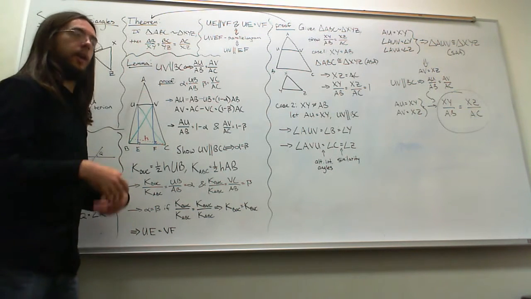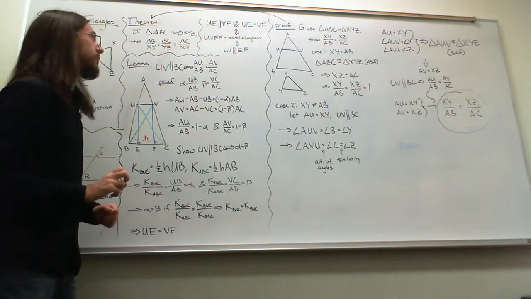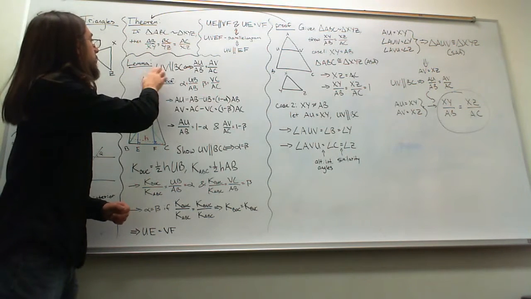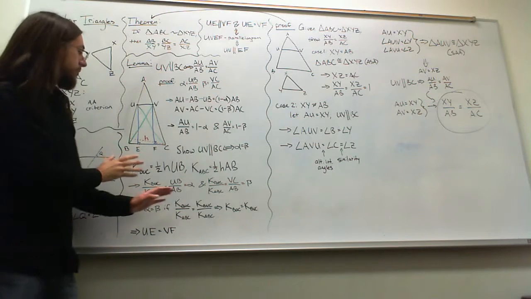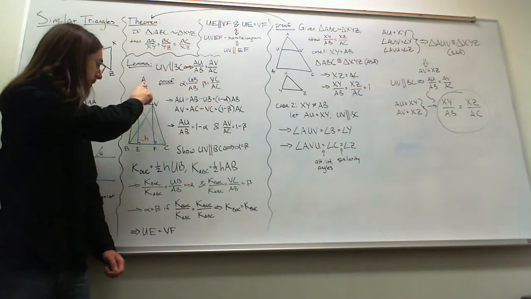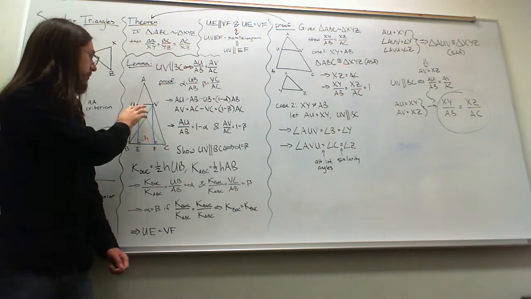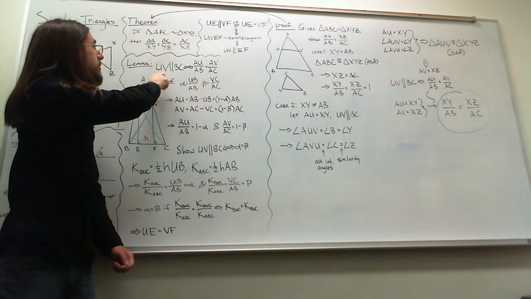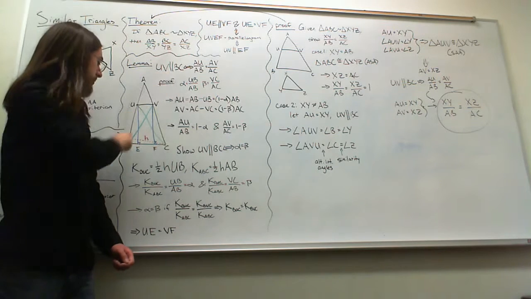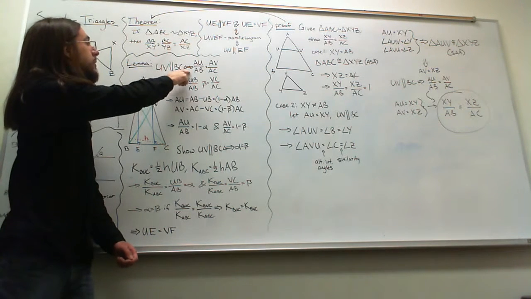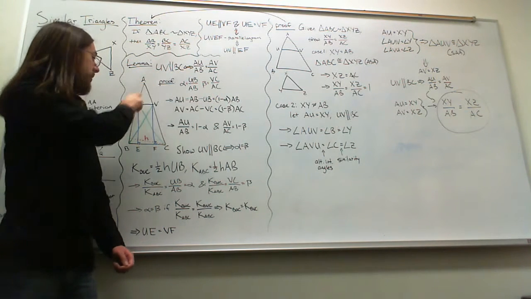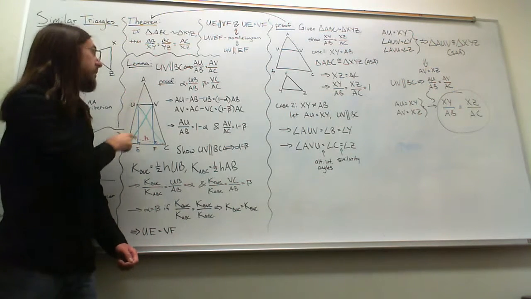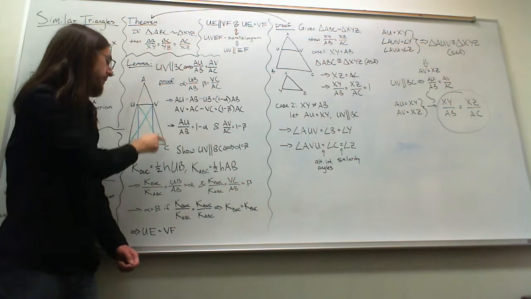A lemma is basically a less important theorem. This says that if you have this setup, triangle ABC and this line UV, then UV and BC being parallel is equivalent to saying that AU over AB is equal to AV over AC.